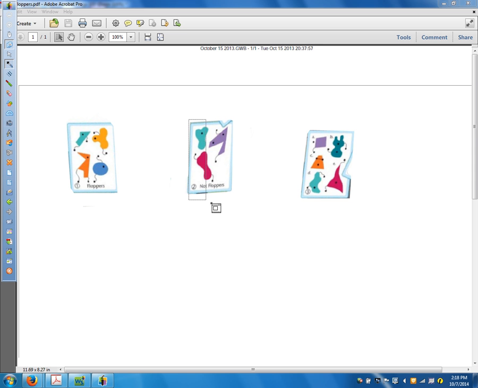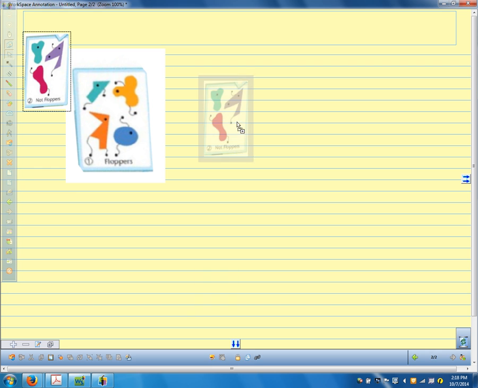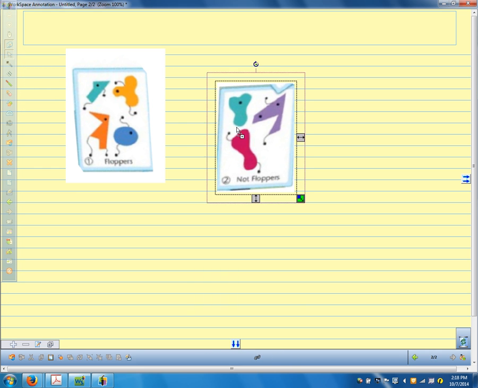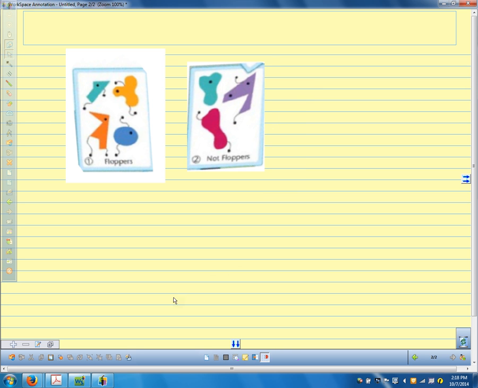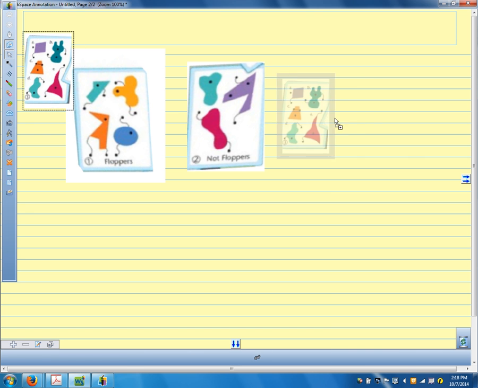We want to come up with a definition for floppers. These things are not floppers, and this is going to help us come up with our definition. And then here are some that, once we talk about these a little bit, we're going to decide whether or not they are floppers.